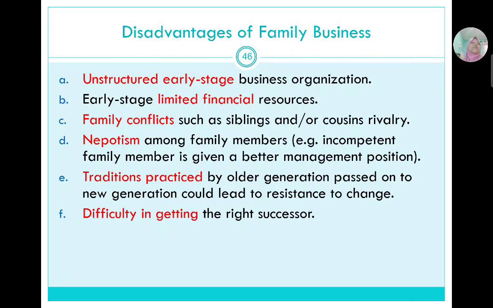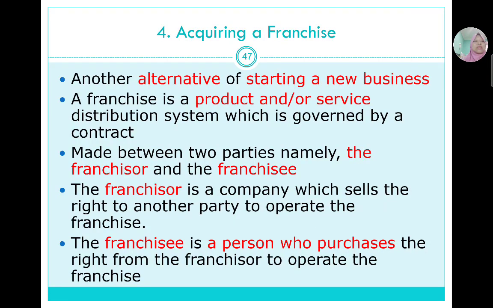It always happens in the movies. Nepotism, of course, favoritism: although the CEO candidate may not be capable, that is a family business, so they have to hire him or her. Tradition and practice: maybe you don't like the tradition, but you have to continue. And difficulty in getting the right successor.